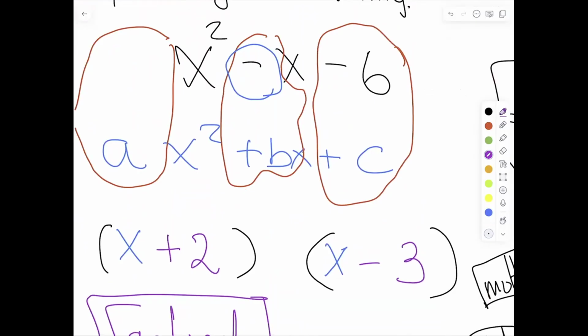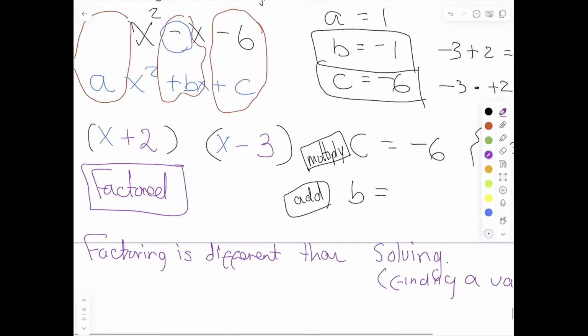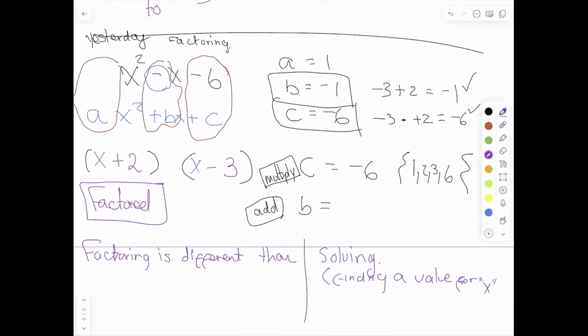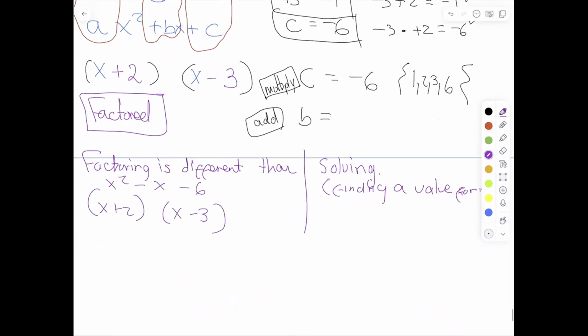Did I actually find the value for x? No, I did not. These are factors. Now, if I am solving, my factors were x plus 2 and x minus 3 when I factored x squared minus x minus 6.